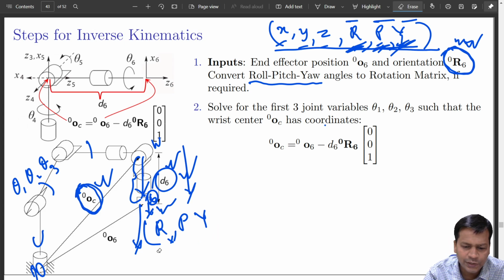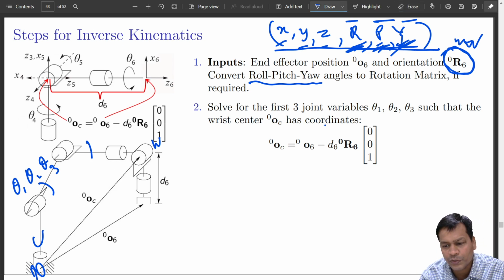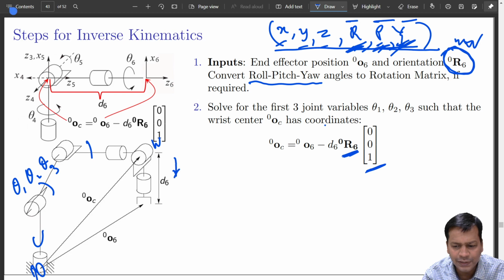You have to get into your brain that any rotation matrix can be used to rotate a vector also. So this was your original unit vector. Using the rotation matrix, I got the unit vector which is directed like this, and multiplying with the magnitude, I got the actual vector, which is like this, from here to here.